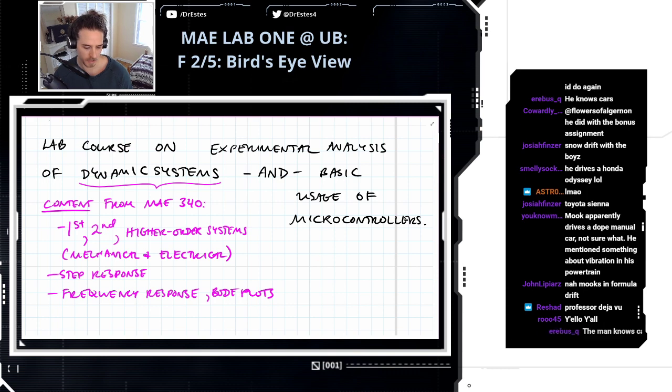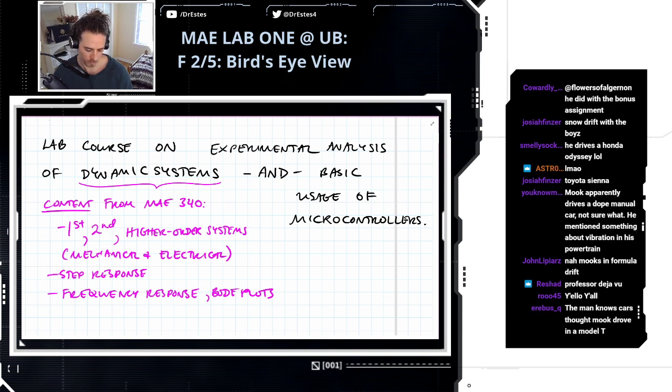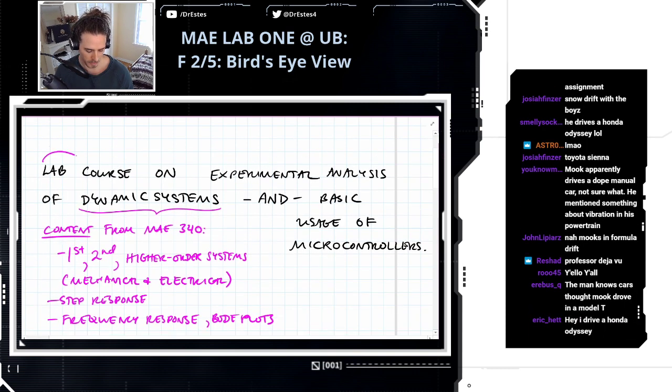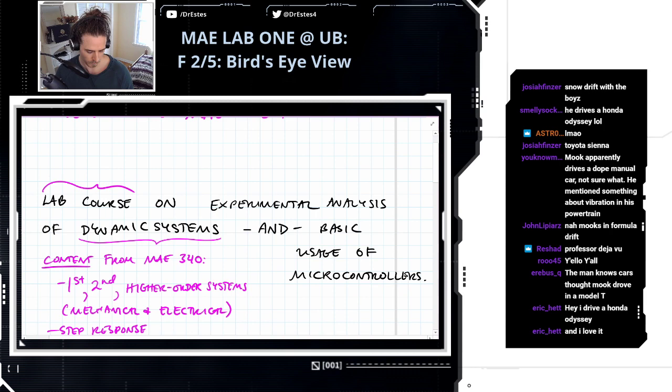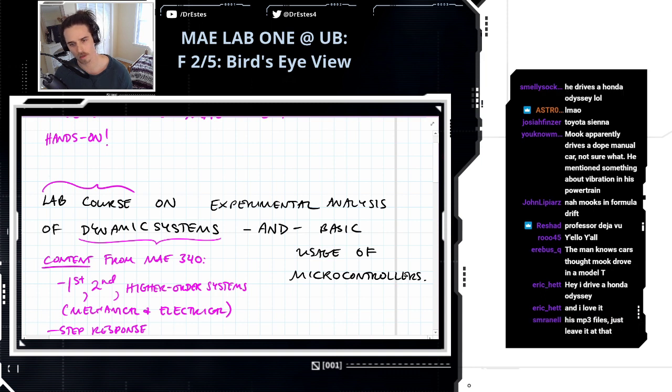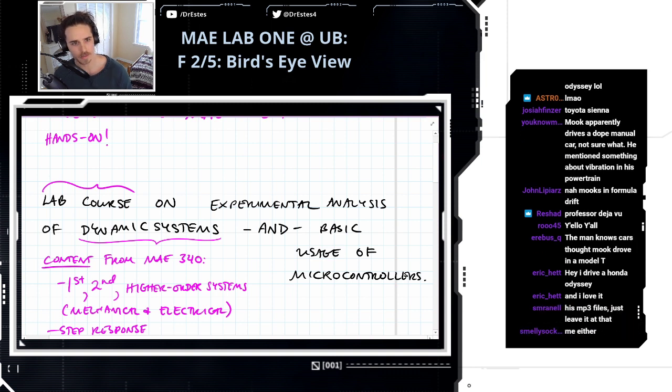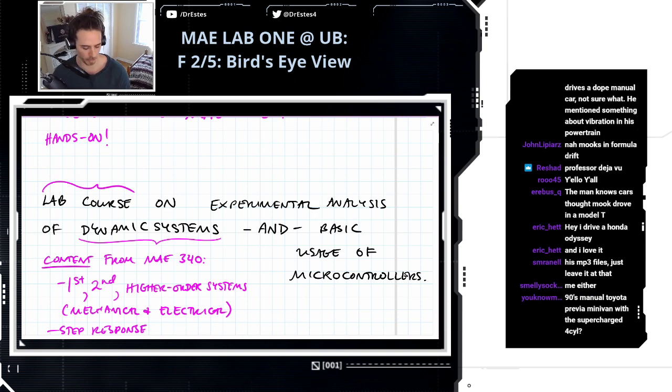Okay, so you're going to see this content. All right, this is a lab course. So I've got nothing against Honda Odysseys, by the way. So this is hands-on. Even if you're a remote online student, we have hands-on for you. A lot of hands-on experiences.